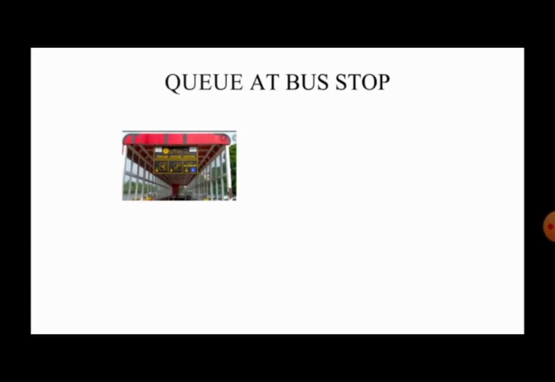Consider an example of a bus stop where, in case of an empty station, the person who comes first is also the last person in the queue. So the front and rear pointer will point to the same person.